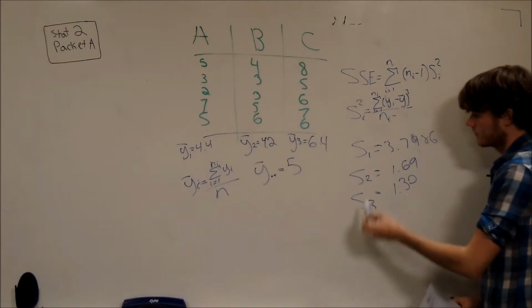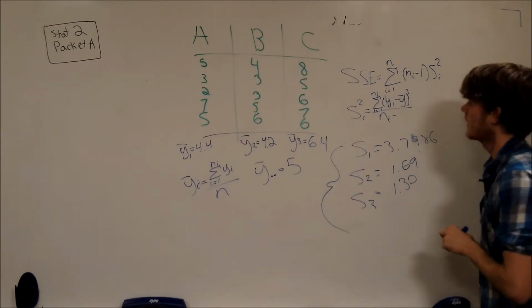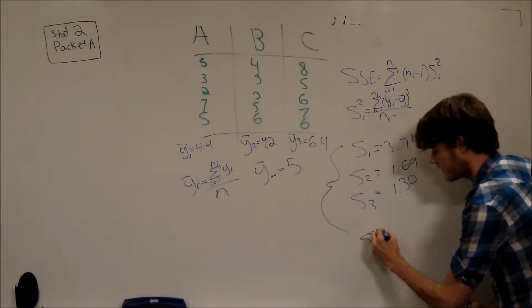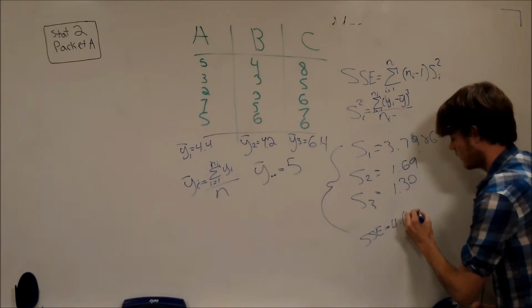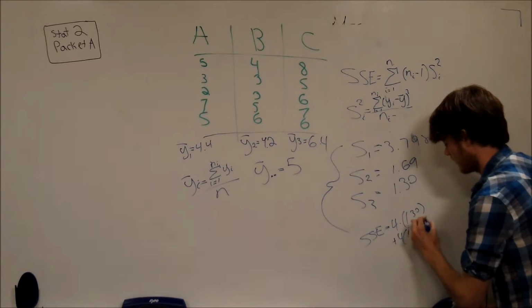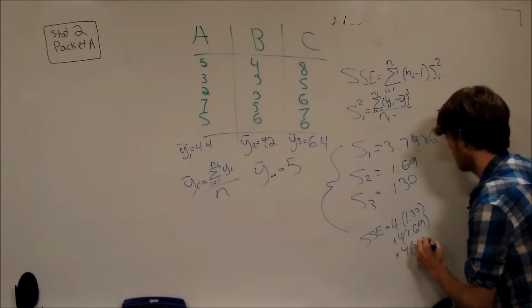These are your s squared values. Now all we have to do is plug them into the equation. So we find that SSE equals 4 times 1.30 plus 4 times 1.69 plus 4 times 3.7986.